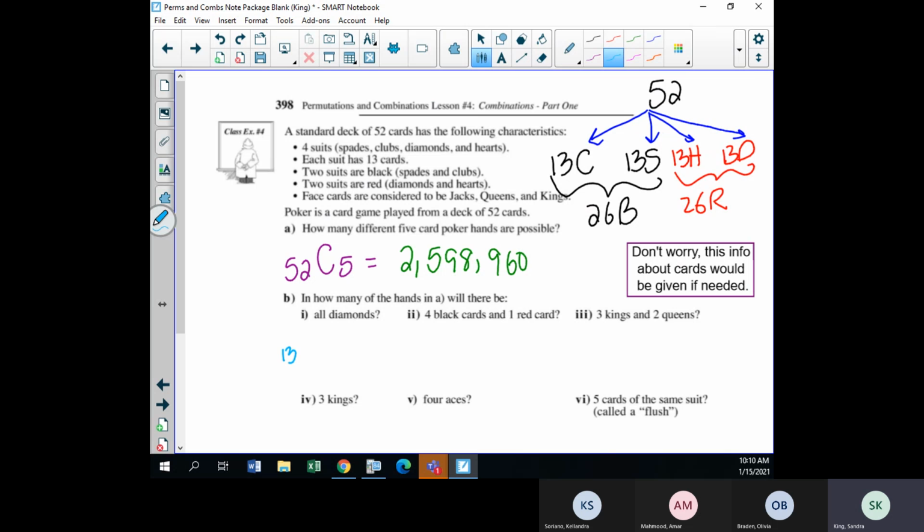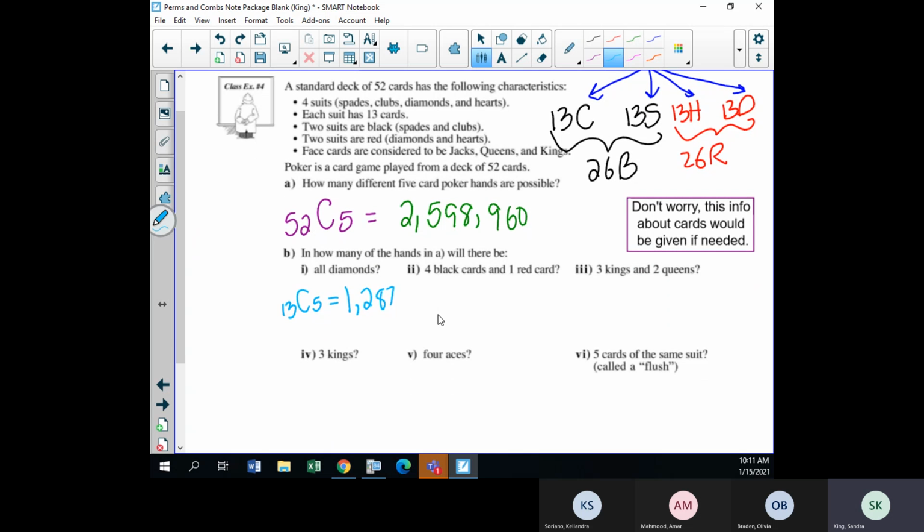So there's 13 diamonds, and we're choosing 5, because remember, you're making a 5-card hand. So 13 diamonds, and we're going to select 5 that all happen to be diamonds. That would be 1,287. So out of these 2.6 million, almost 1,300 hands could be all diamonds.